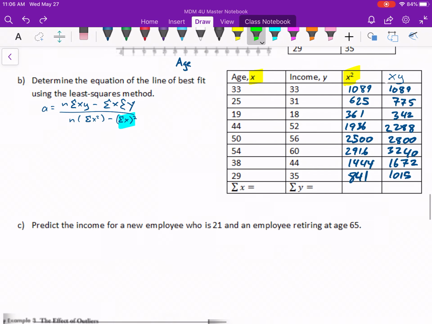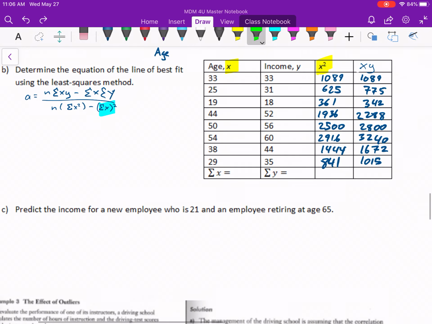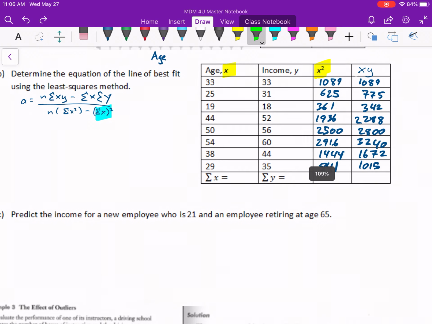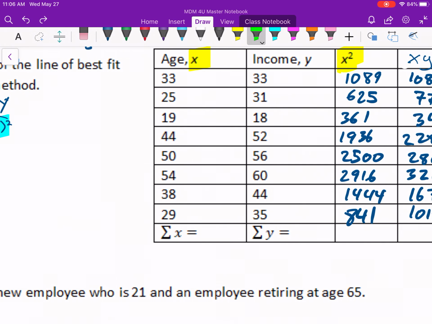All right, so we've got our x, y, and then we can add all those up. At the bottom is sigma x, which is just adding all these things. If we add the first column up, sigma x equals 292. If we add up all the y's, we get 329.